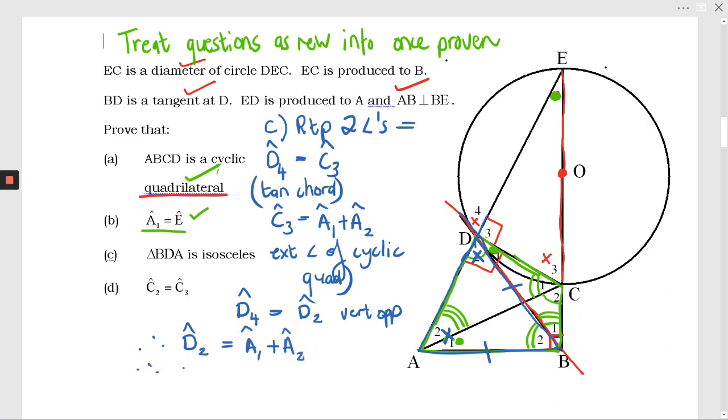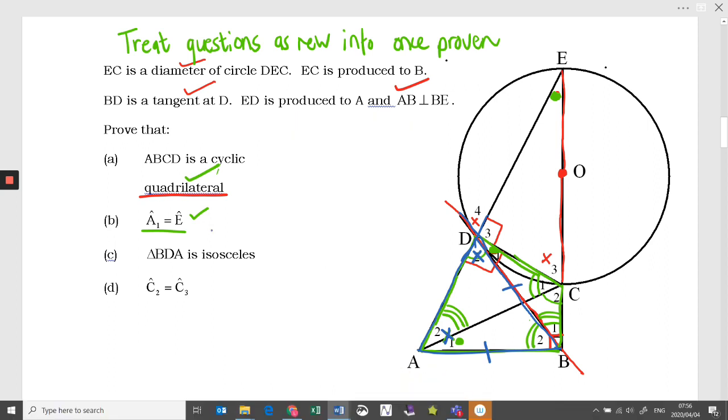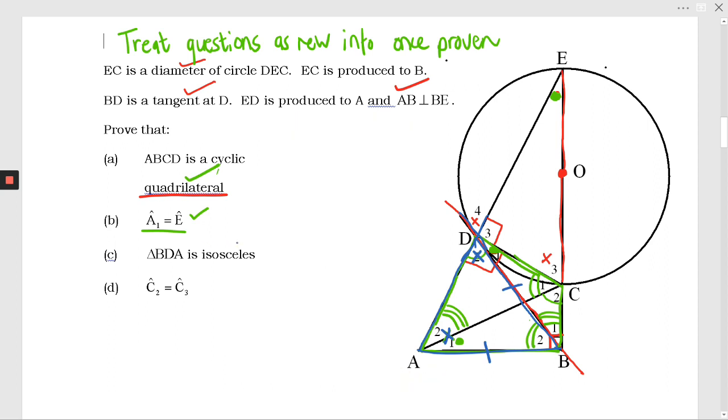Therefore, I have BDA being isosceles. And my reason is that I have two equal angles. What needs to be marked out from that isosceles triangle on the diagram is already marked out, so I'm ticking that off.